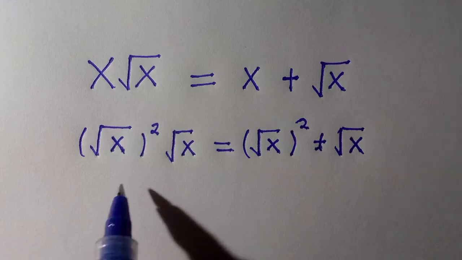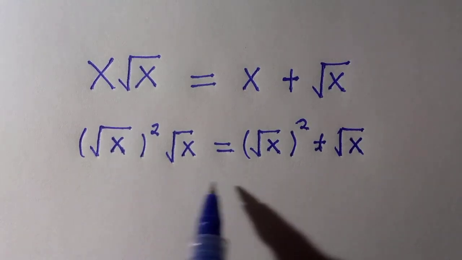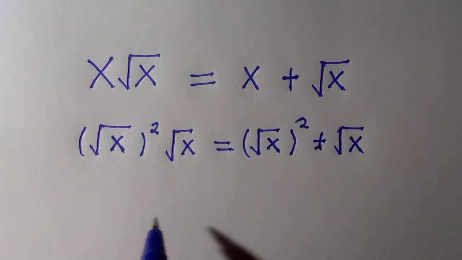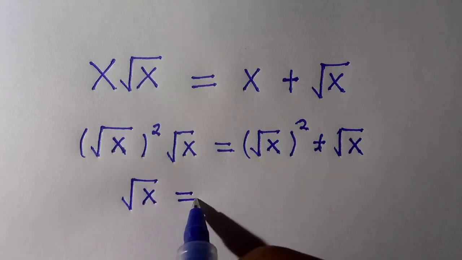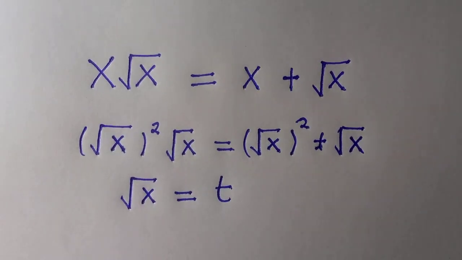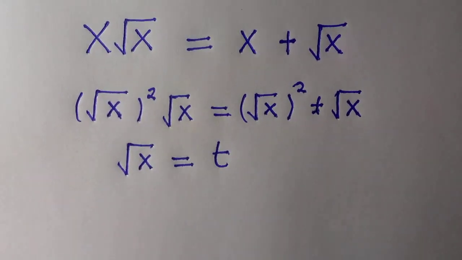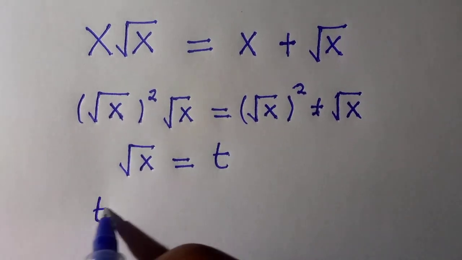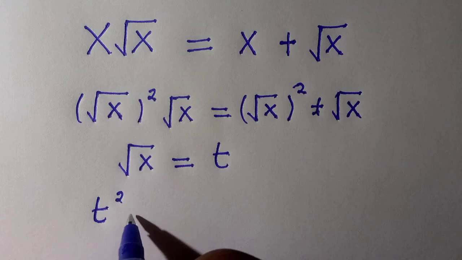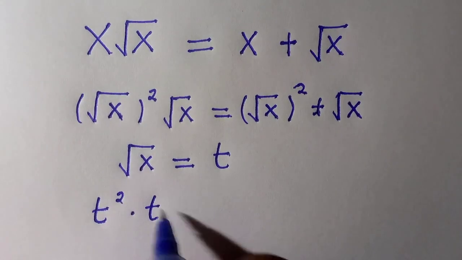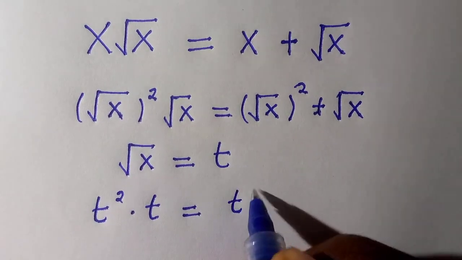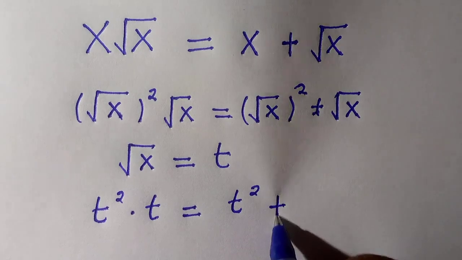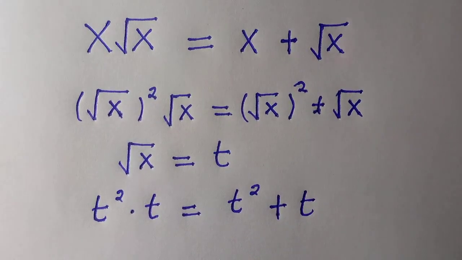And next, we have square root of x, which is common to them. We are going to let square root of x equals t. And therefore, here is t squared multiplied by t equals t squared plus t.